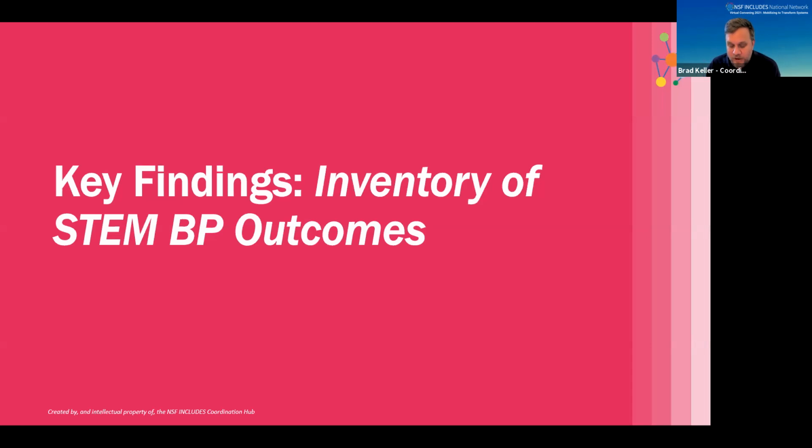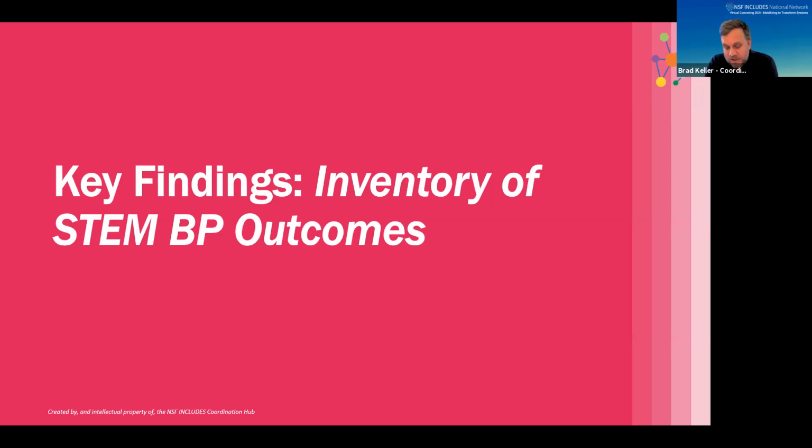And given the breadth of STEM BP outcomes that network members are designed to achieve, and the range of methods being used to measure progress towards those outcomes, we concluded that it would be extremely difficult and even perhaps counterproductive to collect common data elements that could be aggregated across projects. So instead of requesting that projects collect data in the same way, we've opted to develop a comprehensive and ever-expanding inventory of outcomes commonly associated with the systemic efforts to broaden participation in STEM.